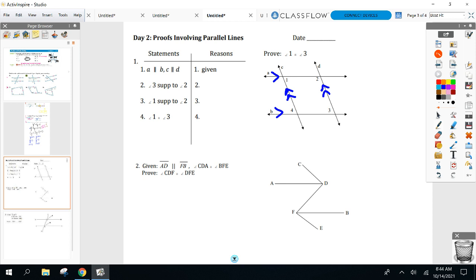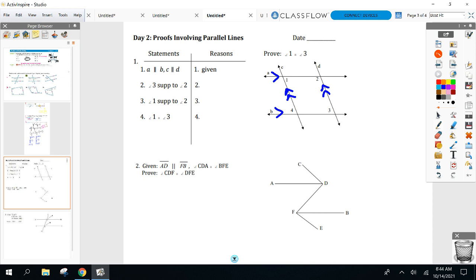Are 1 and 3 any of those? Well, they are interior to C and D, but are they on opposite sides of a transversal? They're not, so that's why they're not alternate interior. Is everyone agreeing they are not special types of angles? That's why this is not a 2-step proof.